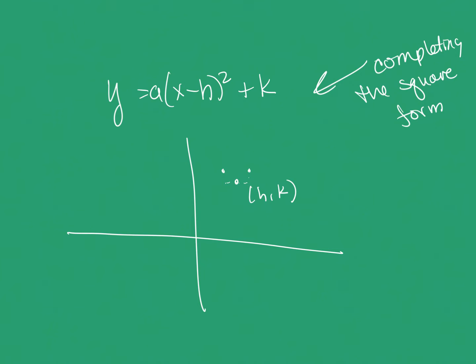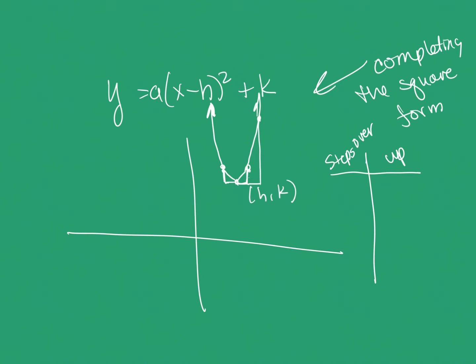So if A is like 3, your first one, you would go over 1, up 3, over 1, up 3. Your second one, you would go over 2. Normally, you'd go up 4, but if A is 3, you would go up 12, and this would give you a very steep stretch going up this way. If you want to think about from (h, k) your steps over versus up: if you go over 1 in each direction, you go up whatever A is.